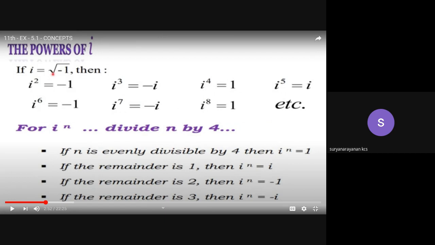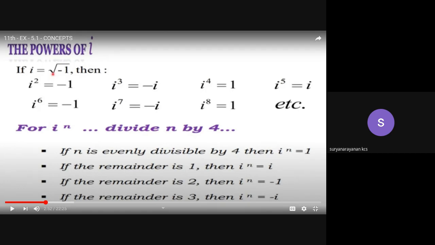Is this point clear, my dear children? The square root of minus 1. What is the square root of minus 1? How do you write the square root of minus 1? Small letter i.